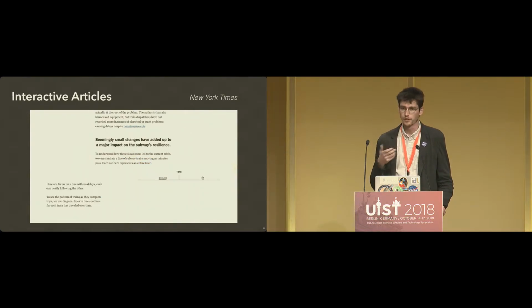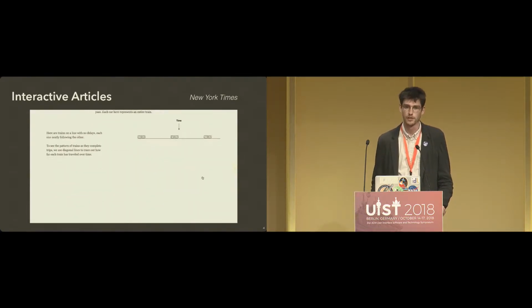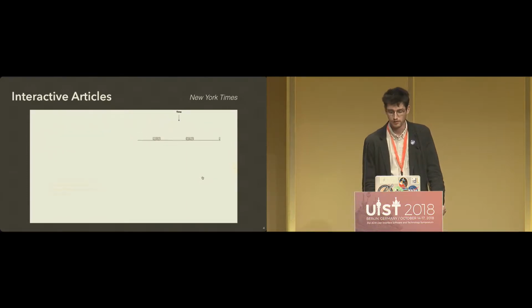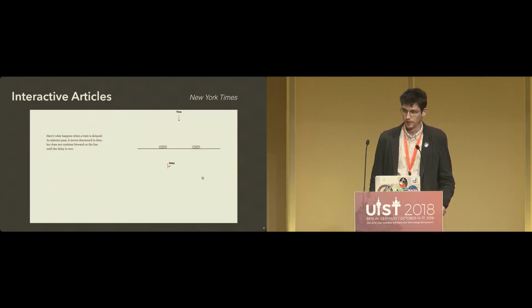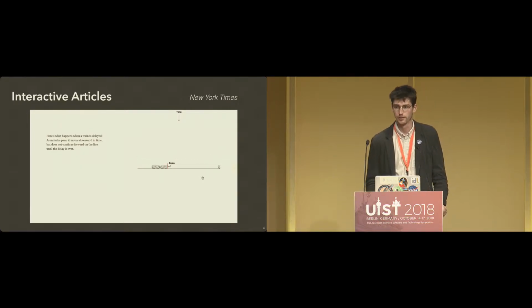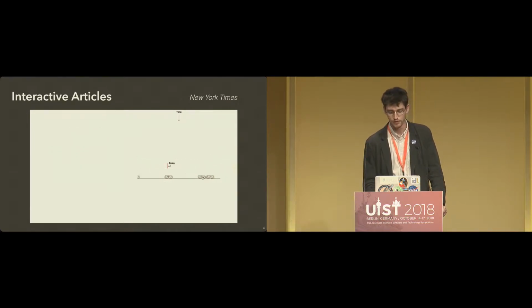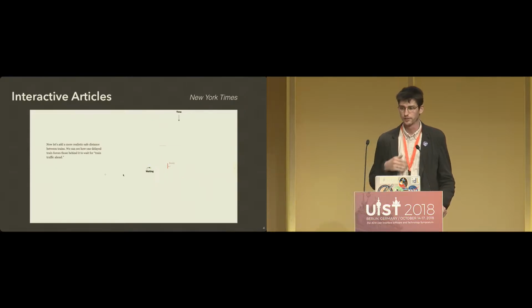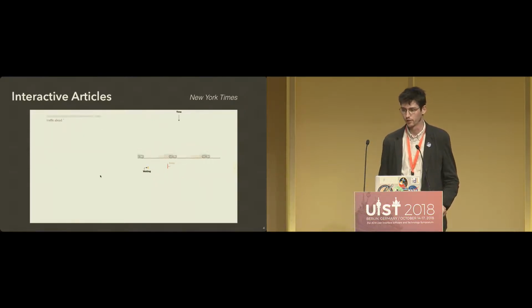These are all common design elements that we see a lot in this style of article. Again, here's a fixed graphic that you see update in response to a reader's scroll input. So the graphic on the right advances in response to the reader scrolling through the article.